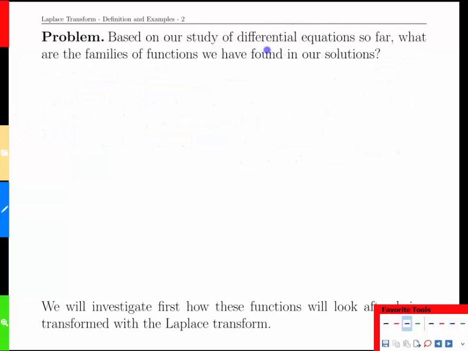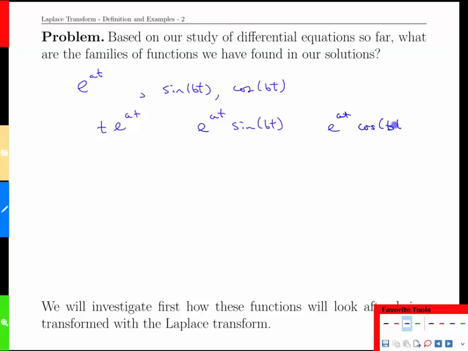Our next question is, what kind of functions might we want to work with? Having seen solutions of differential equations so far, what kinds of functions have we seen? Well, we've seen a lot of e to the at. E to some constant has shown up quite a lot. We've also seen sine of bt, we've seen cos of bt's, we've seen mixtures of these, we've seen t e to the at, we've seen e to the at sine bt's, we've seen e to the at cos bt's, and think back if you can right now to what kinds of differential equations gave rise to this, or what forms.